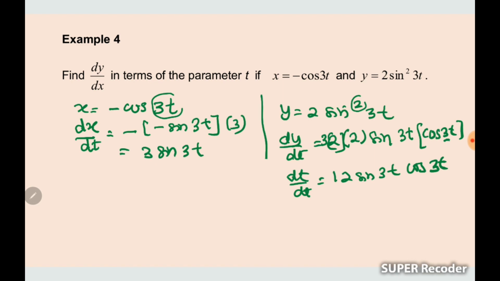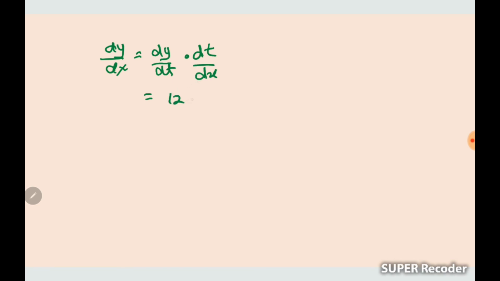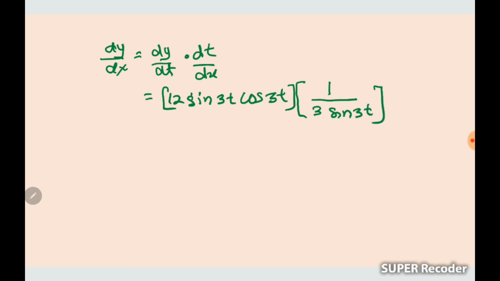Then, to find dy/dx, we need to use these two results. dy/dx equals dy/dt multiplied with dt/dx. So dy/dt equals 12 sin 3t cos 3t. dt/dx equals 1 over 3 sin 3t.